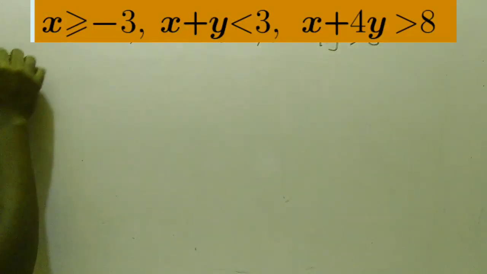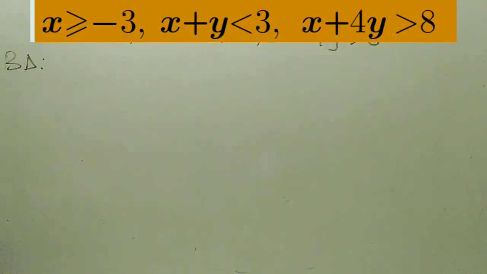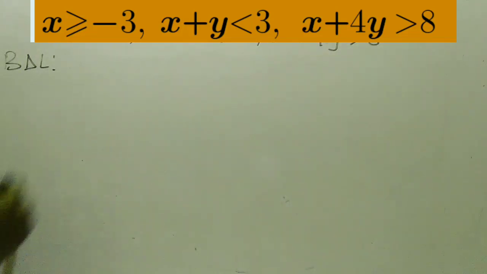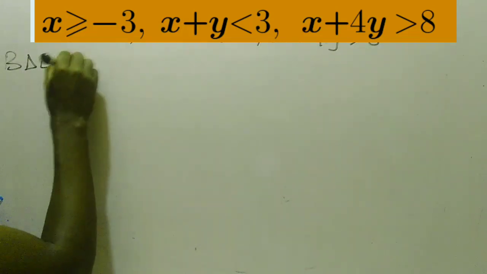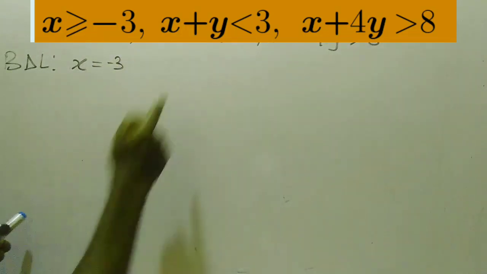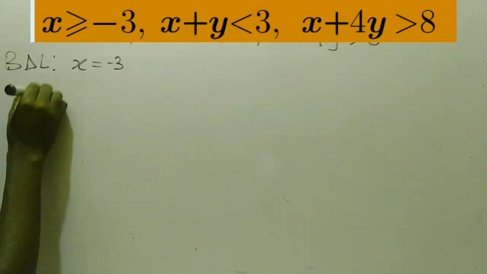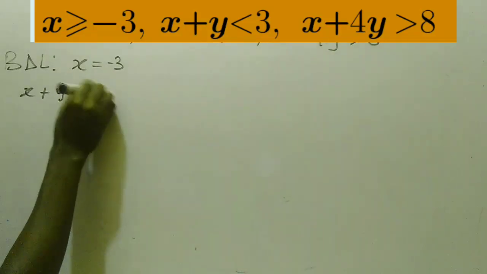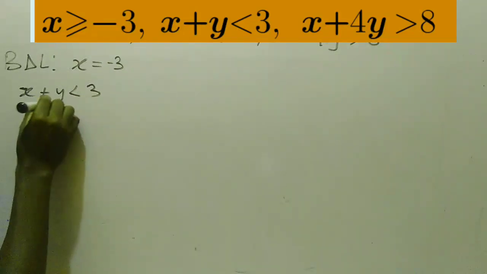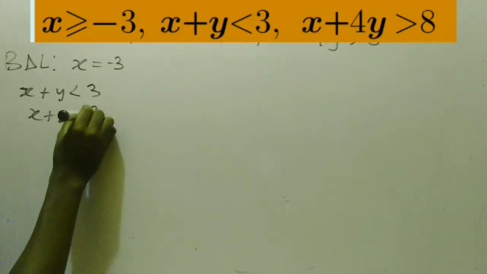So for this, I want to get the boundary line. For this, my boundary line is x equal to -3. I want to get the boundary line for x plus y less than 3. The boundary line is going to be x plus y equal to 3.